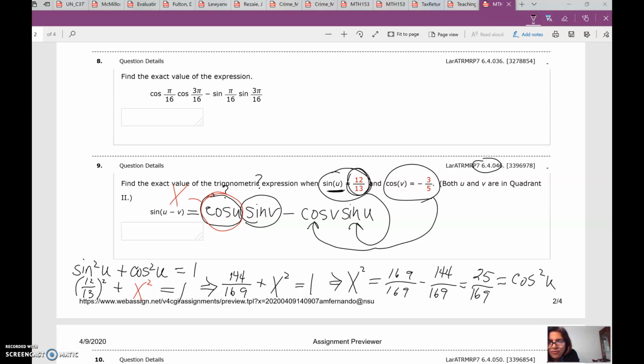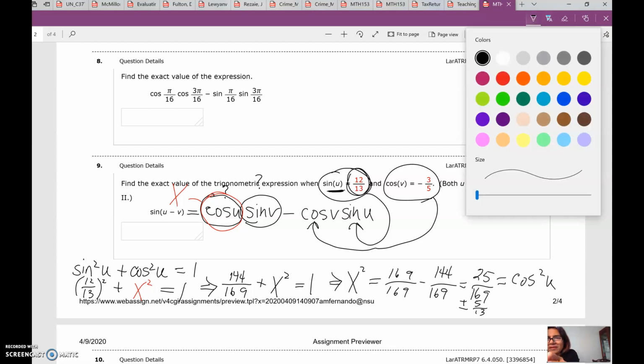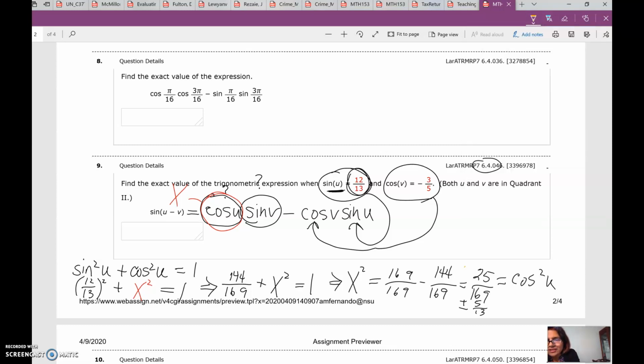Now, we're going to want to take the square root of both sides, which gives us plus or minus 5 over 13, right? So we're taking the square root of both sides. So now we're looking at choosing the plus or the minus. Keep in mind that this states that both are in quadrant 2.